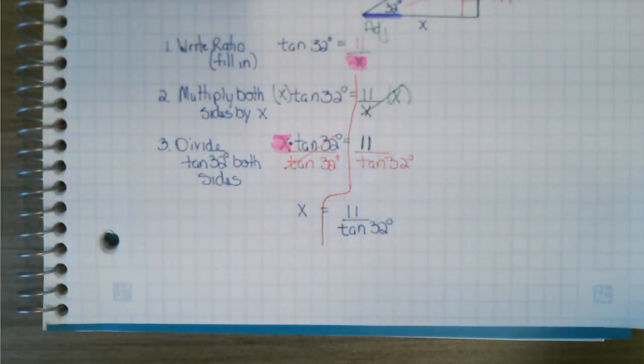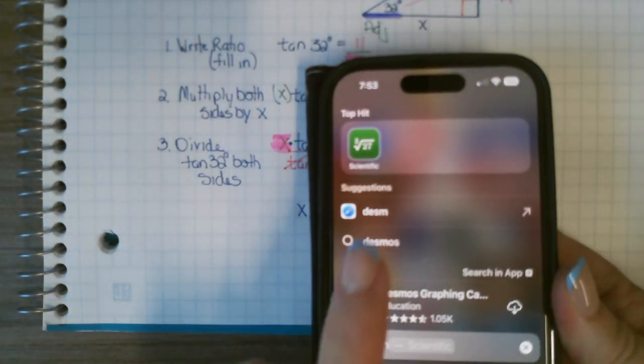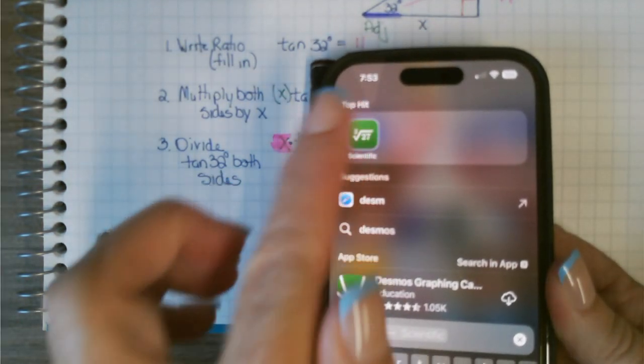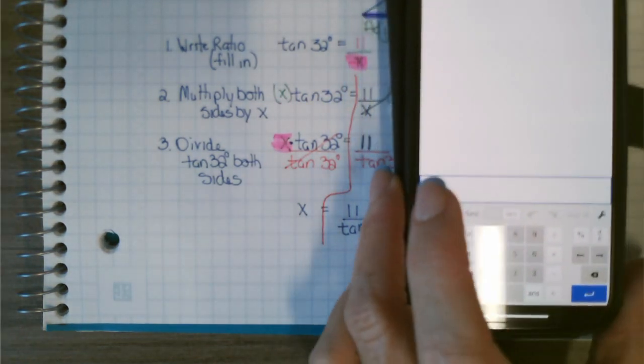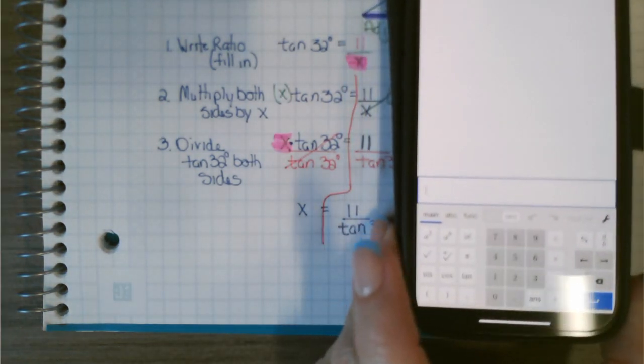Now this is where your calculator comes in, and if you haven't downloaded your Desmos app, alright, my Desmos app looks like this. Remember, this is the one that you're using on your state exam, okay?